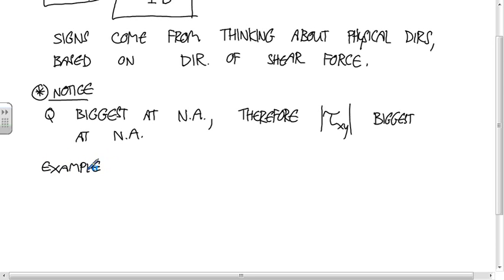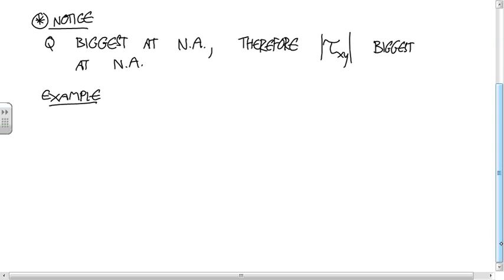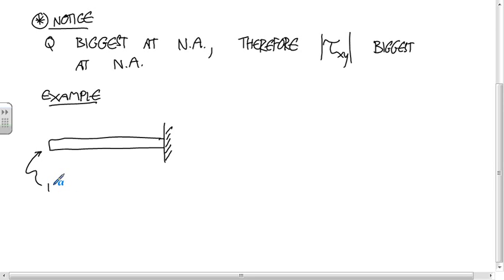So let's say we have a cantilever beam and let's say the mass is 100 kilograms.